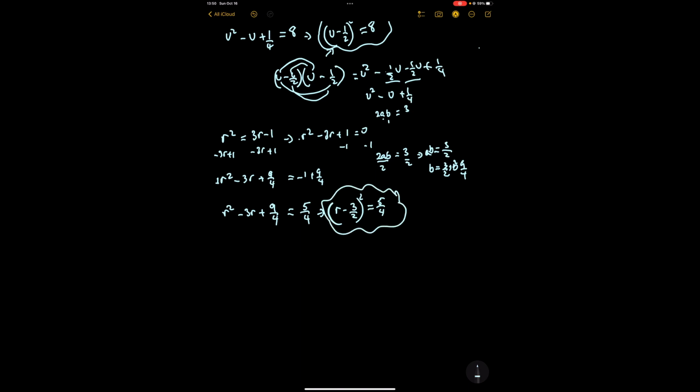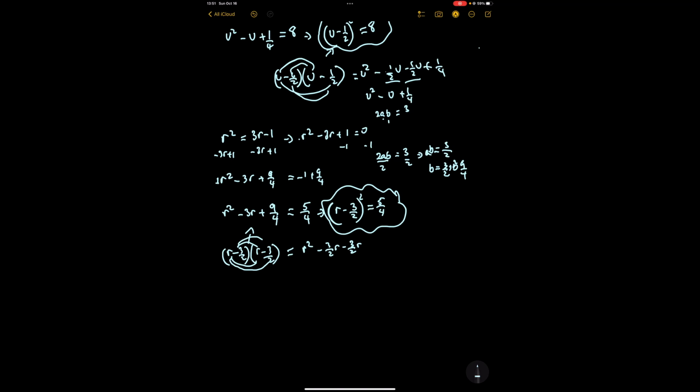But before I finish, let's make sure that we did everything properly. So r minus 3 halves times r minus 3 halves, is it going to give us this? Well, r times r will equal r squared. r times negative 3 halves is equal to negative 3 halves r. Negative 3 halves times r equals negative 3 halves r.